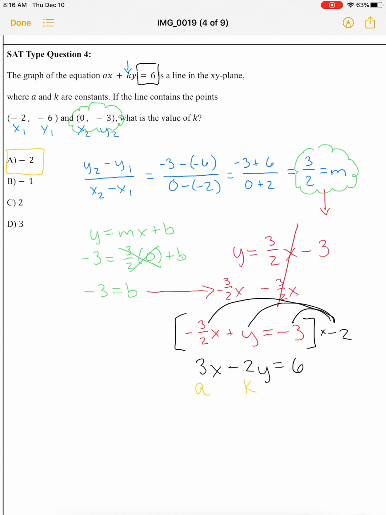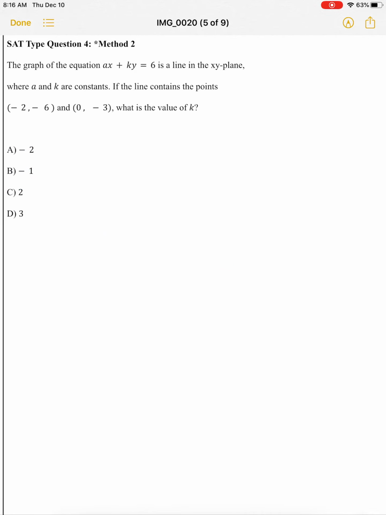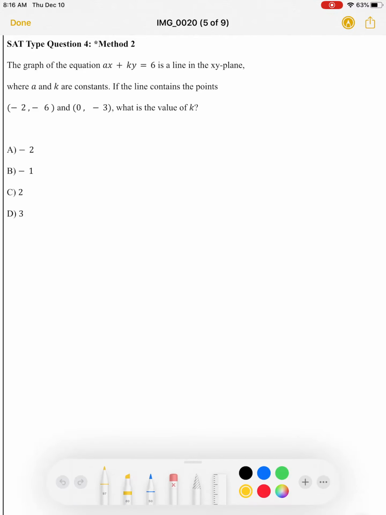This is a pretty complex problem, but luckily for you, there are multiple ways to solve. So I'm going to do the same problem over again, but I'm going to use a system of equations to solve it. Now, we've been doing systems of equations before in class through math review, so hopefully you recognize how to solve this.